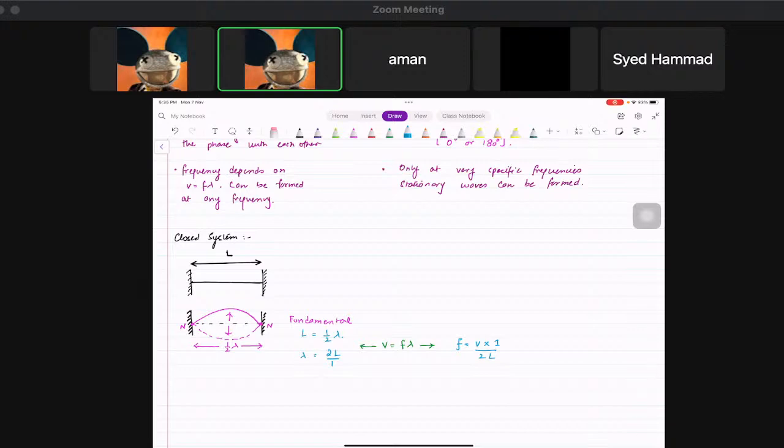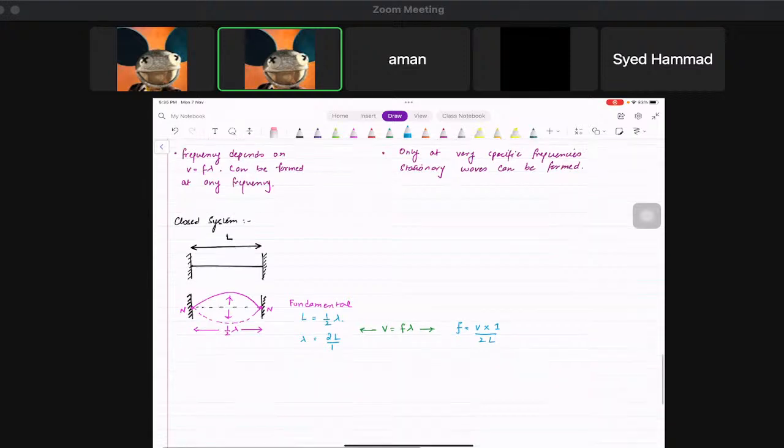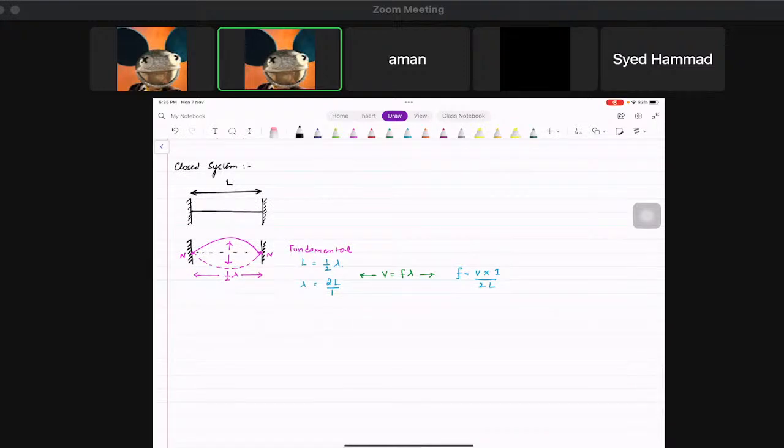Now, the next time the stationary wave is going to be formed, when you increase the number of strokes on it, if you pluck it twice, at a certain frequency it will be like this. So now it is twice, right?